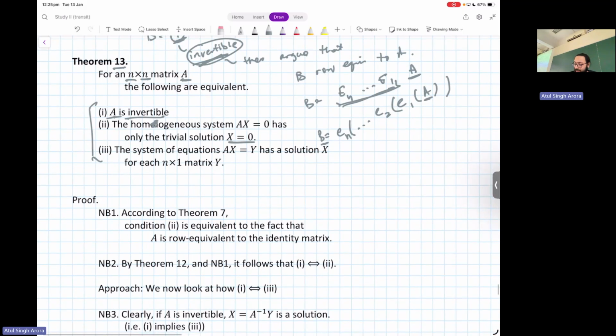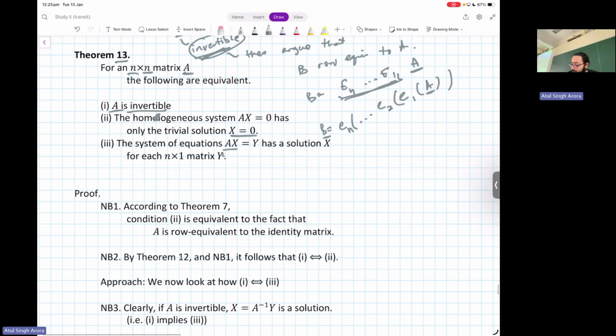And the third one is that the system of equations Ax equals y has a solution capital X for each n cross 1 column matrix y. Okay, so these are the three statements. Is the theorem statement clear?